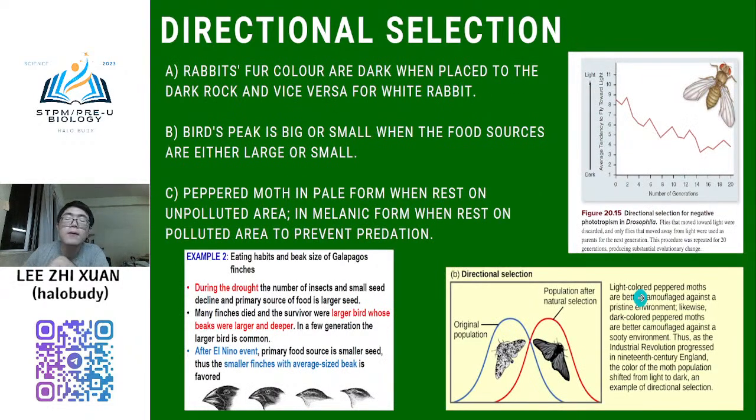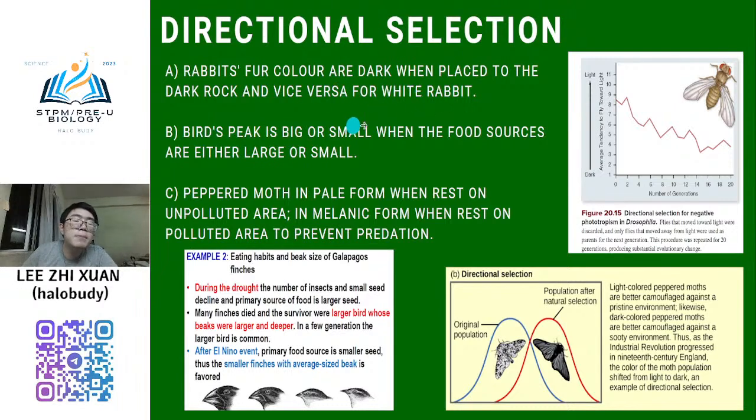One of the examples you can use is rabbit fur color. When you place a rabbit in a dark space, it will have a dark color, dark skin color. But if you go to a very light space, you will produce a white rabbit lah.